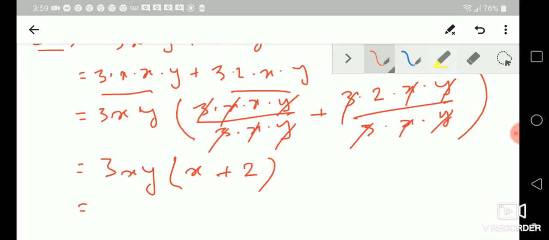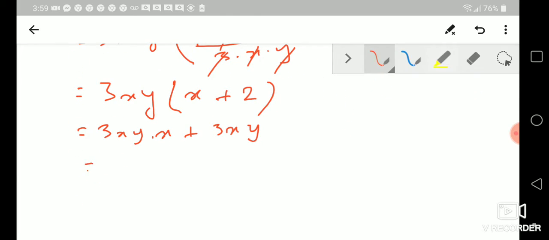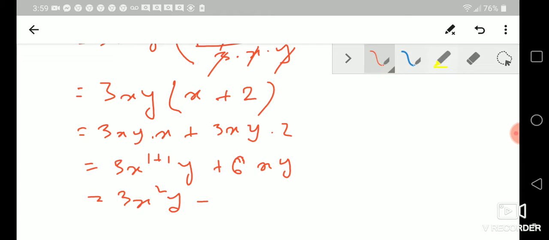And if you expand it, it's 3xy dot x plus 3xy dot 2. So we'll be left with 3x2y plus 3 times 2, which we can multiply first, and xy, so it's 3x2y plus 6xy.